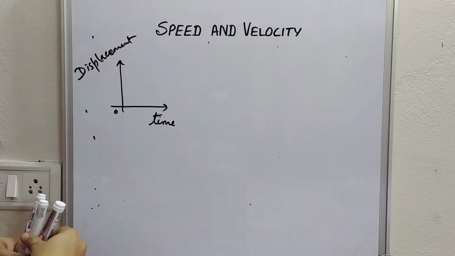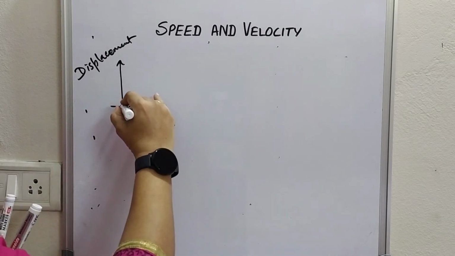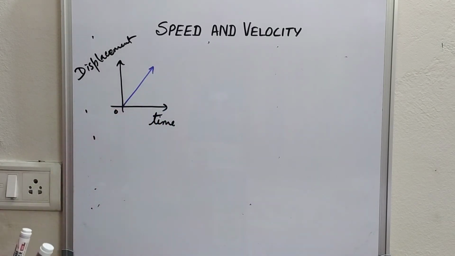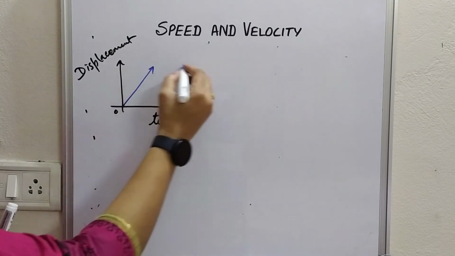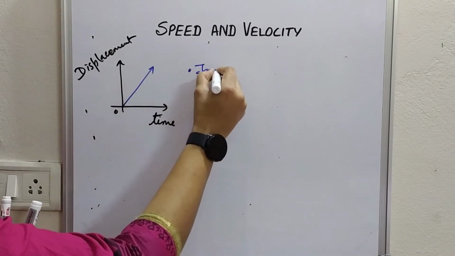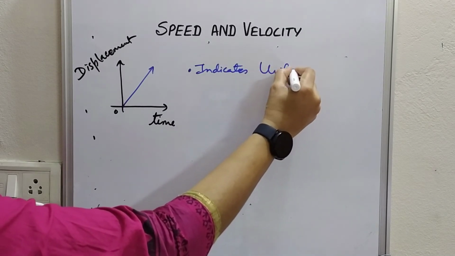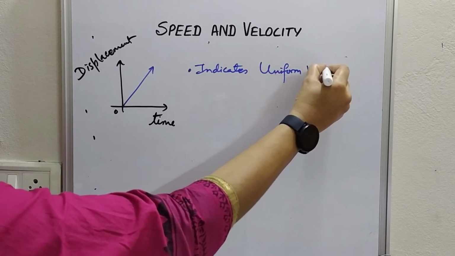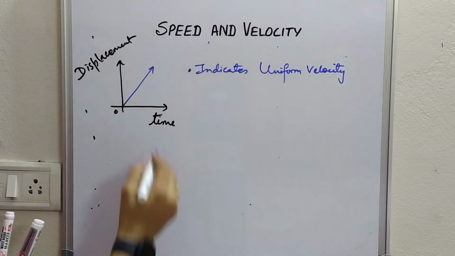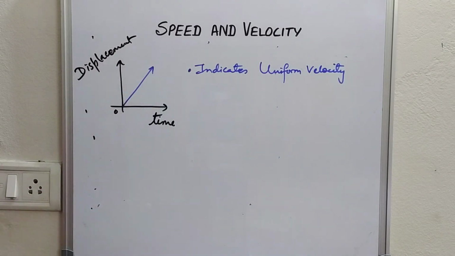If the graph is a straight line from origin neither parallel to x-axis nor parallel to y-axis, then this kind of a graph indicates uniform velocity. That means the body is in uniform velocity. And if the graph is a straight line parallel to x-axis, then the body is at rest.